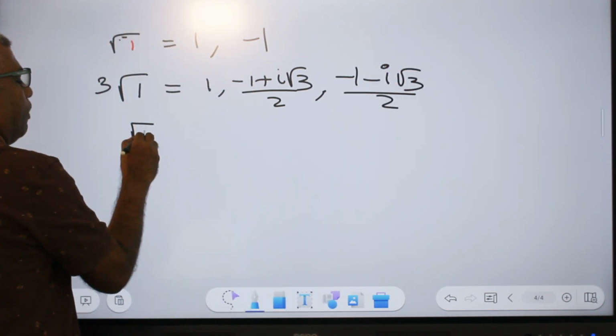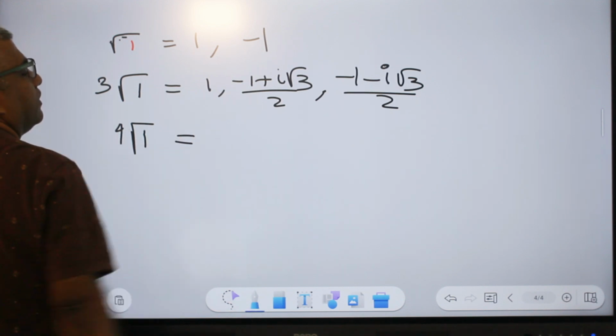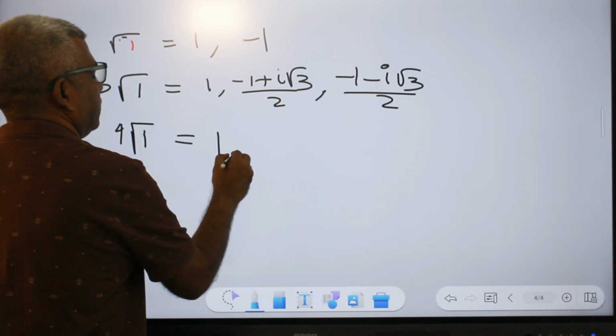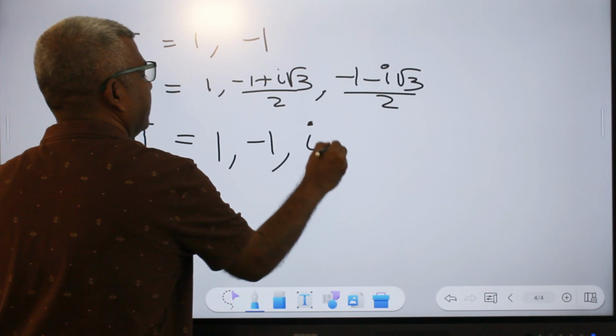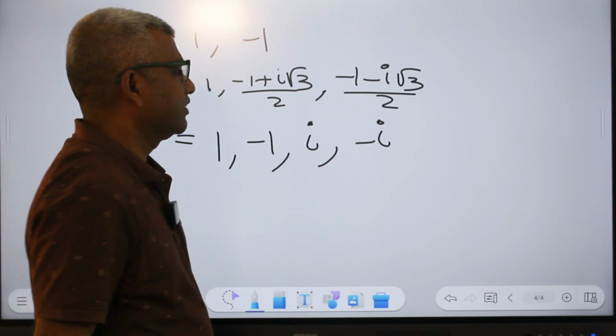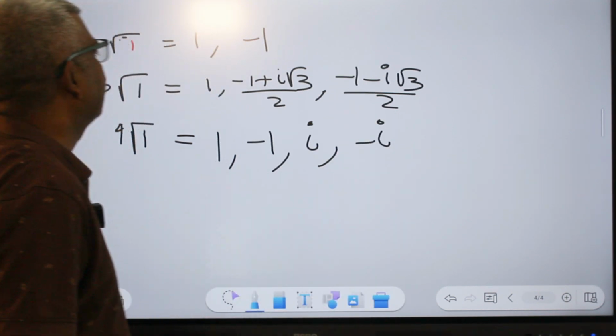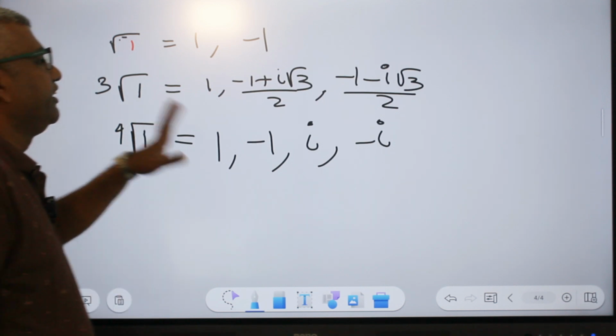Fourth roots of 1 are 1, minus 1, i, minus i. Got it? Okay. Now we are going to check individually.